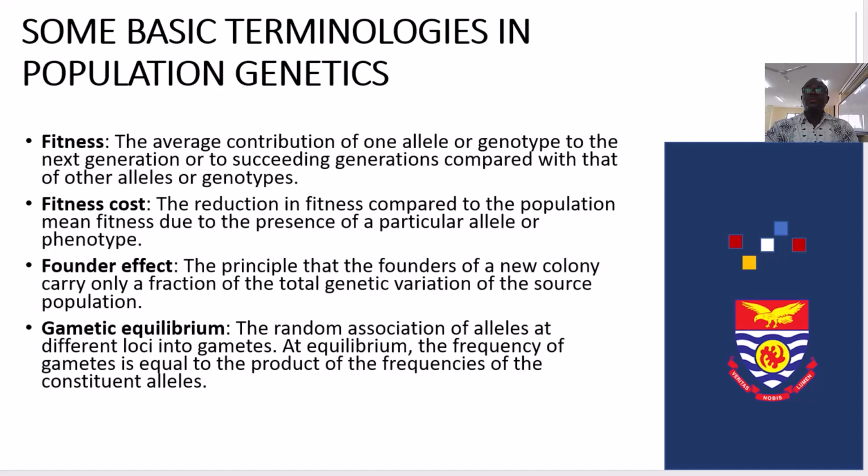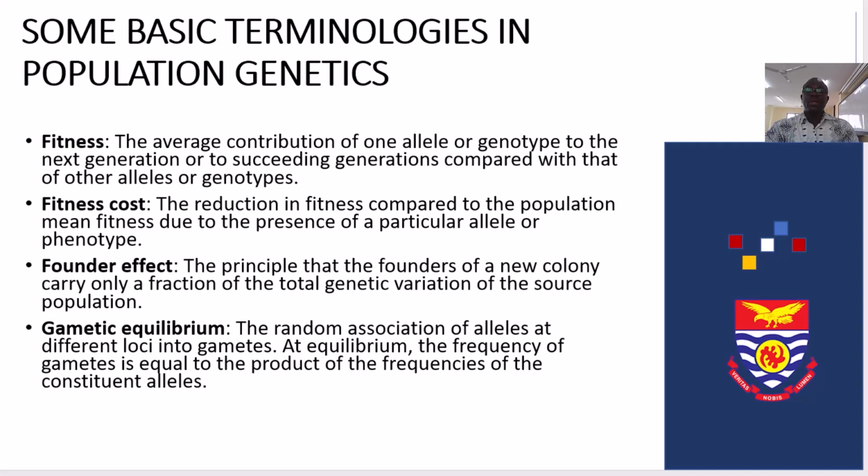Fitness: the average contribution of one allele or genotype to the next generation or to succeeding generations compared with that of other alleles or genotypes. Fitness costs: the reduction in fitness compared to the population mean fitness due to the presence of a particular allele or phenotype. Founder effect: the principle that the founders of a new colony carry only a fraction of the total genetic variation of the source population.